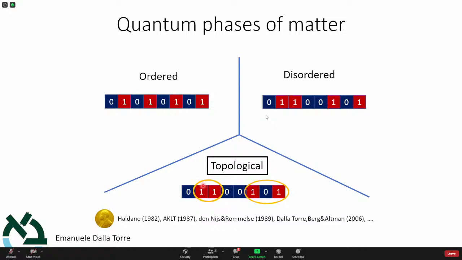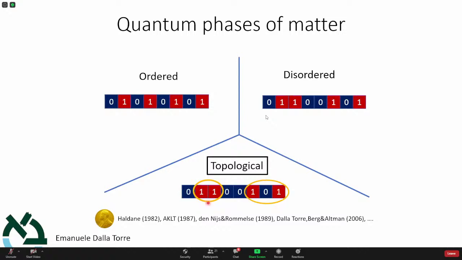So the state is disordered. Why? Because if I tell you that there is a 0 here at the beginning, I know nothing about what will happen a million qubits away. I know nothing about what will happen for this qubit, back on the right. So this is disorder. There's no local order. There's no spontaneous symmetry breaking. I have no information, but yet there is some particular type of order.